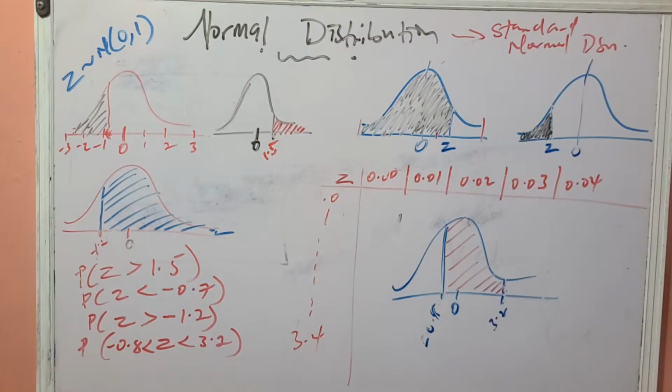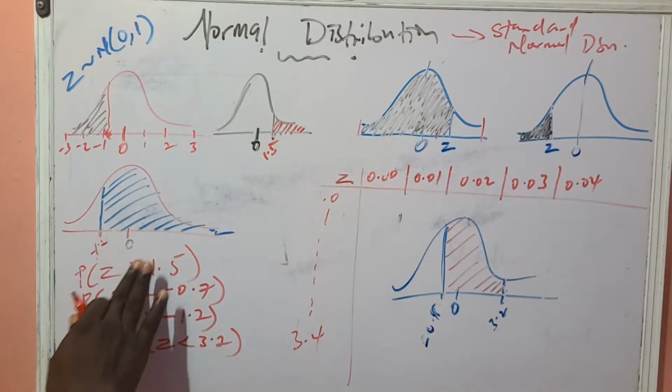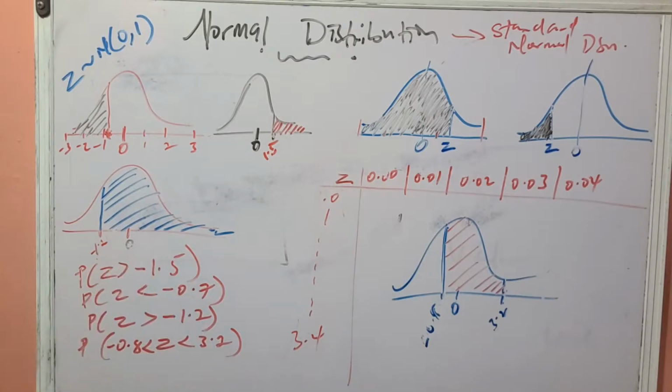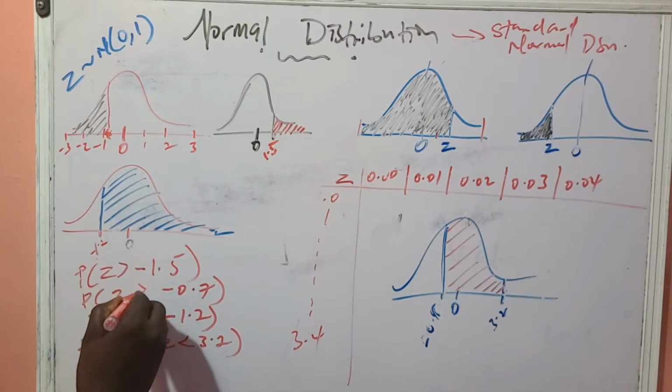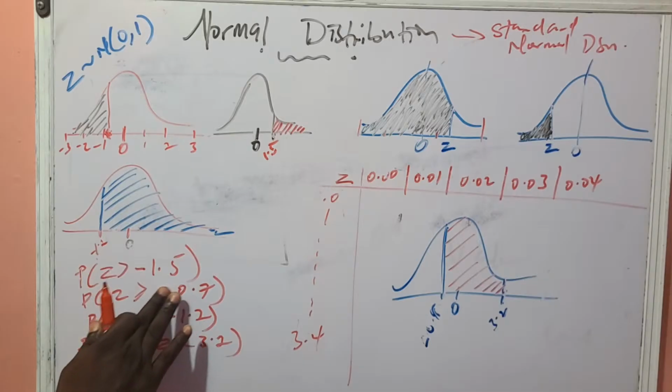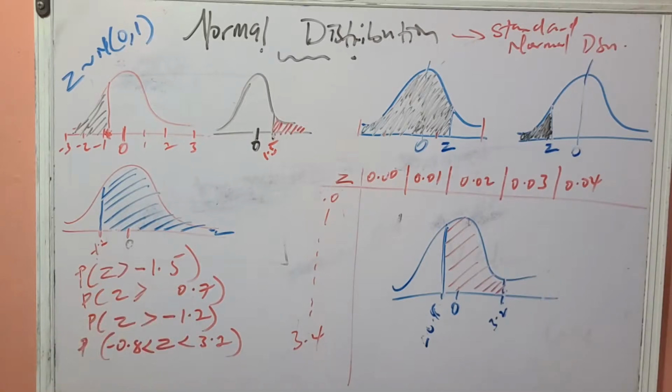So let me pick this question. Let's assume you're dealing with Z greater than minus 0.5. Let's assume you're dealing with Z greater than 0.7.